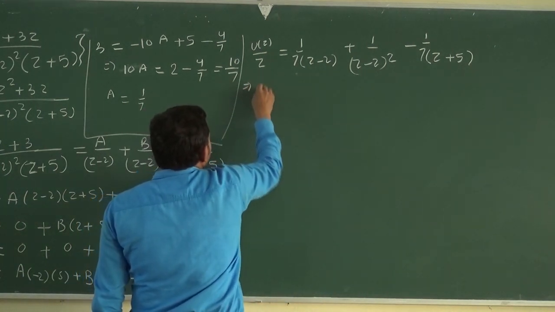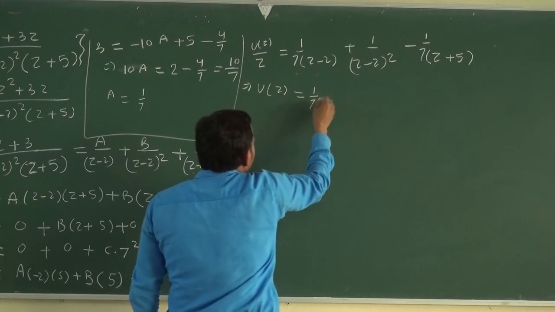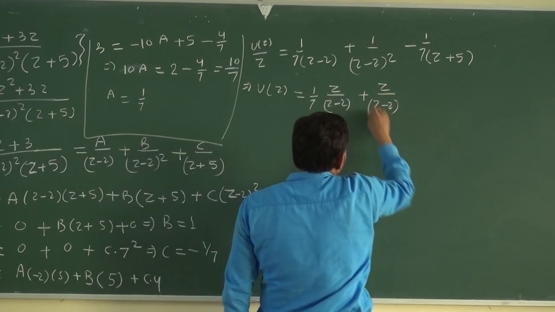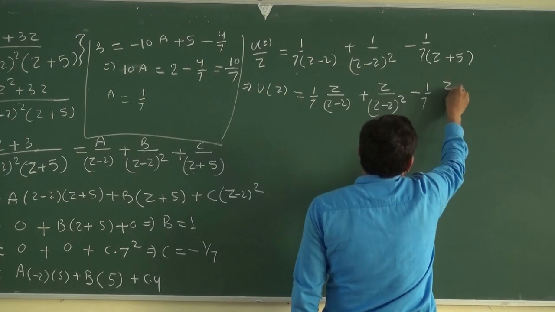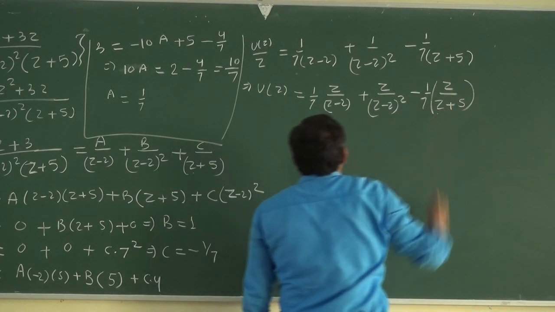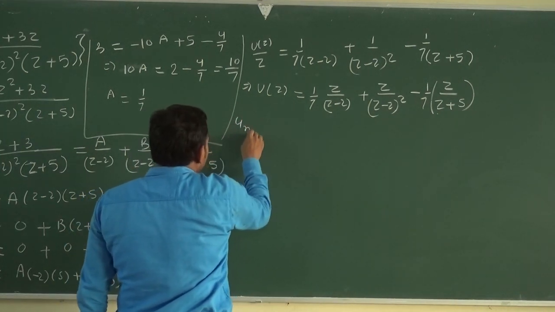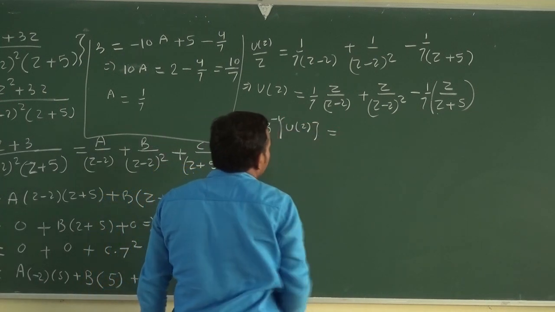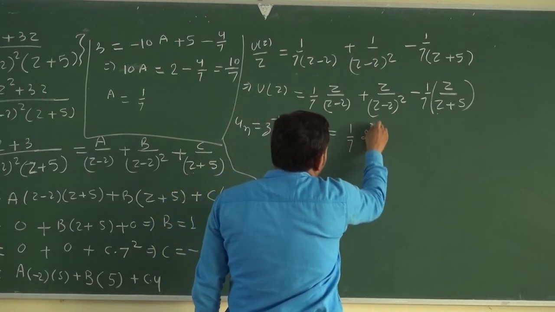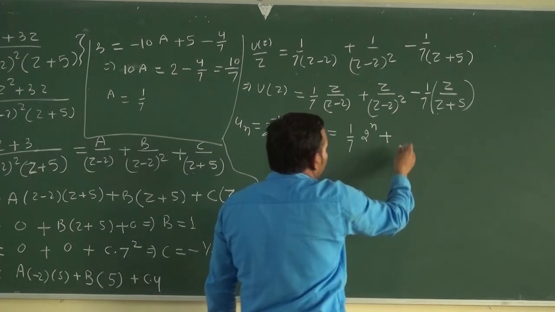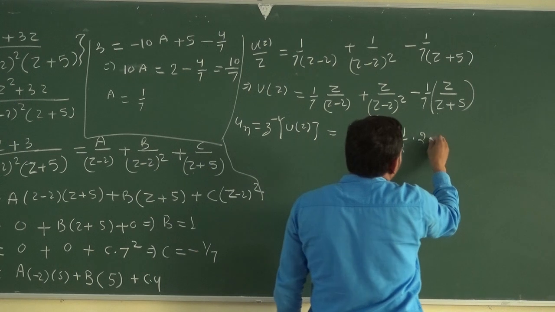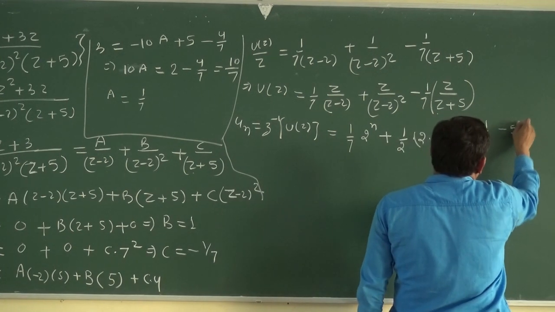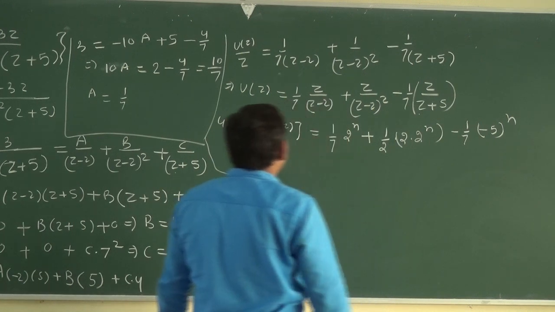So this can be written as U(z) equal to 1/7 times z/(z - 2) plus z/(z - 2)^2 minus 1/7 times z/(z + 5). This implies that u_n equals the inverse z transform of U(z), that is equal to 1/7 times 2^n, plus n 2^n, minus 1/7 times (-5)^n.